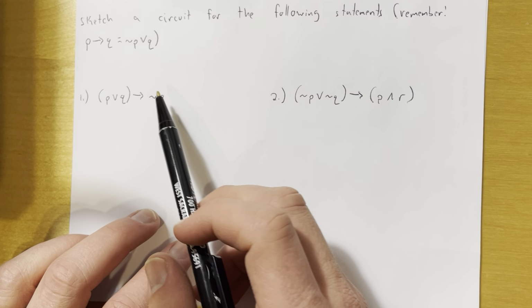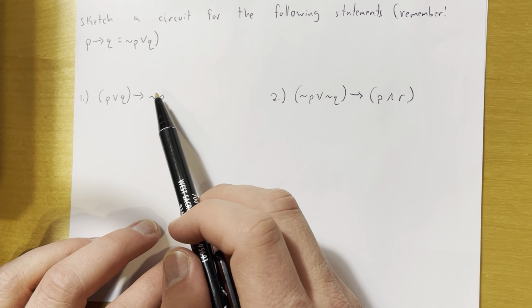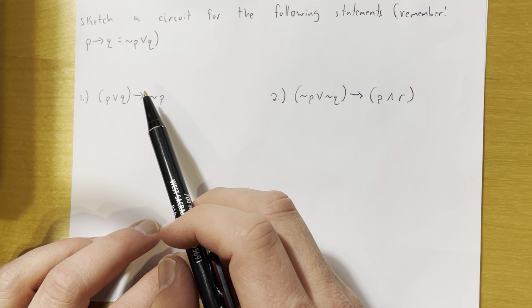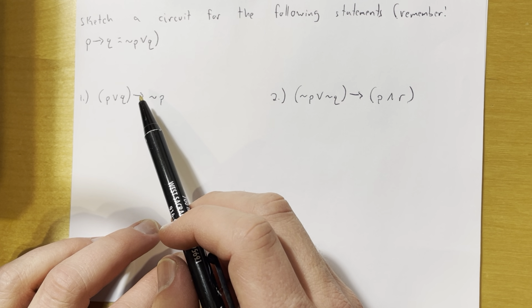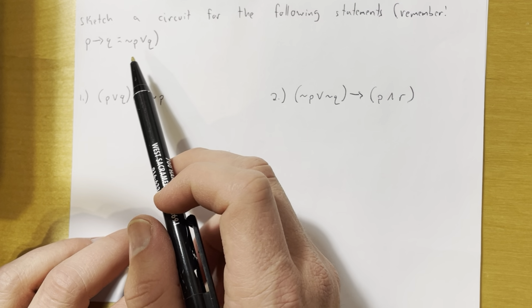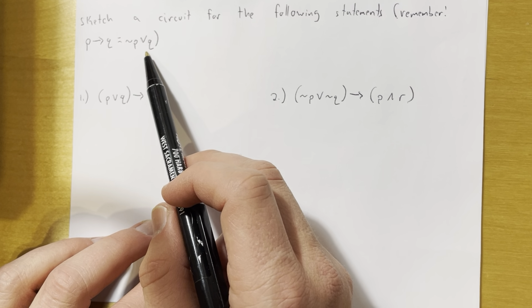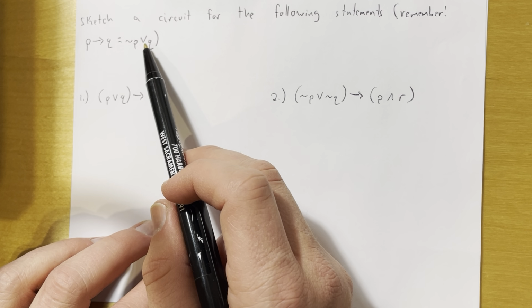So for these conditionals, if I want to create a circuit, I want to start by rewriting this conditional using this equivalent statement.